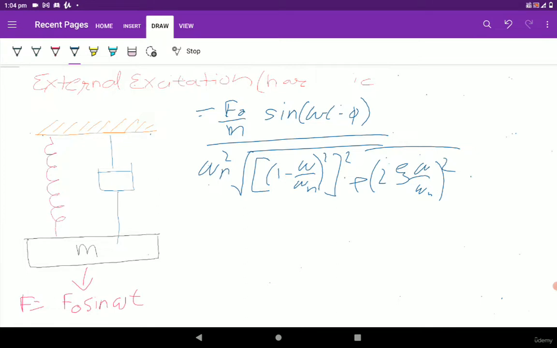In order to simplify, we are going to take omega by omega n equal to r.